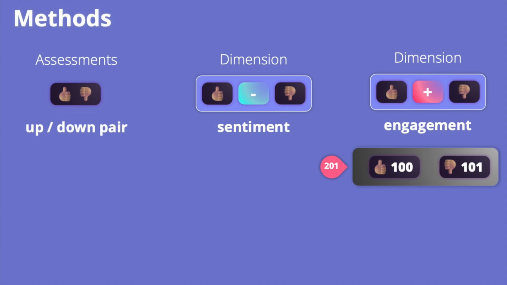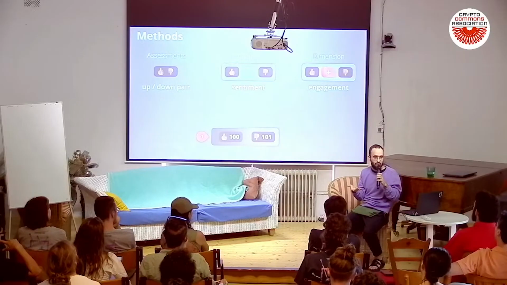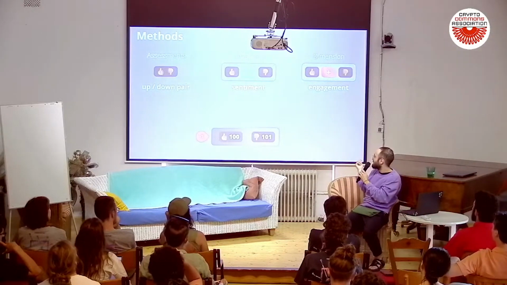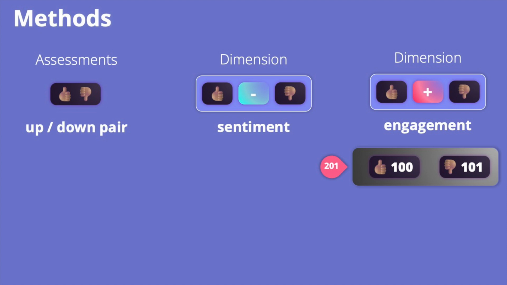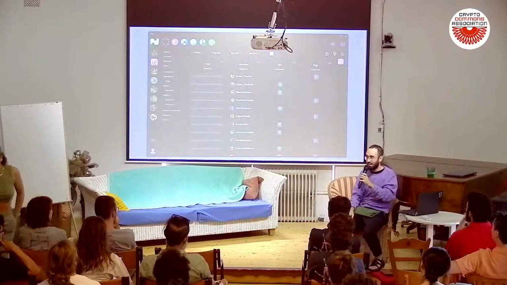But you could also have a dimension of engagement. How much have people engaged with this post, regardless of whether their assessment is positive or negative? Go to the next one. And you can see how, yeah, the value is completely different, right? So you could have two different contexts, two different feeds, where you see each one, or you can combine them into one context where you have a combination of both, or whatever your community feels like doing.